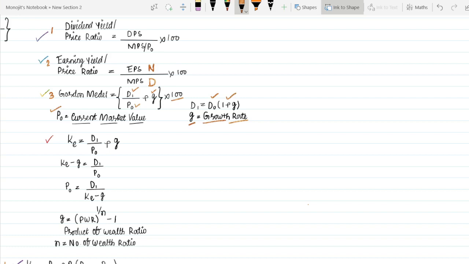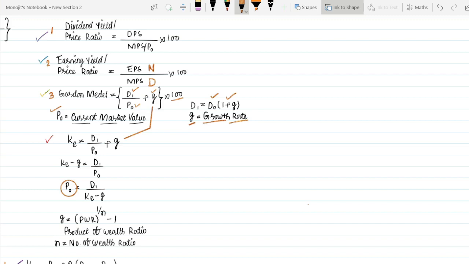And from this formula we can derive another formula, the formula of current market value. If in the question there is no market value, then in that case we need to find the market value of shares.